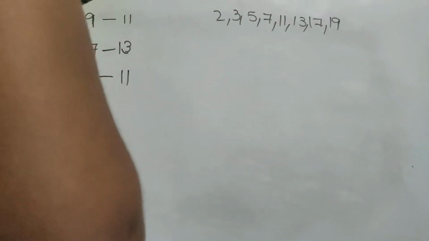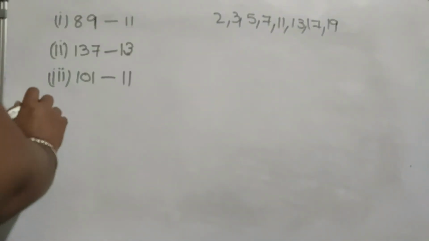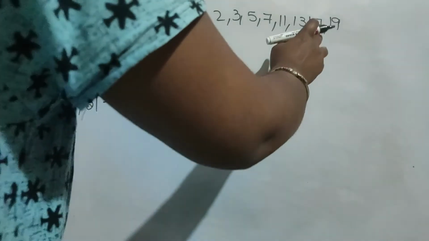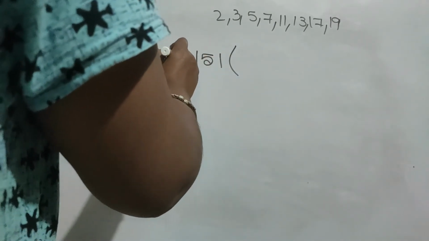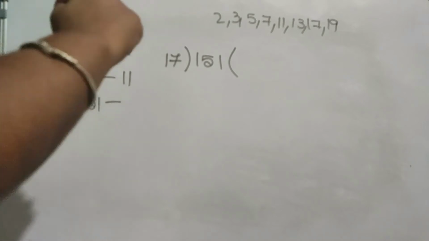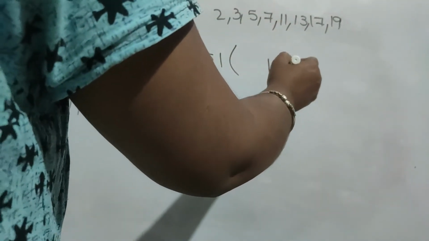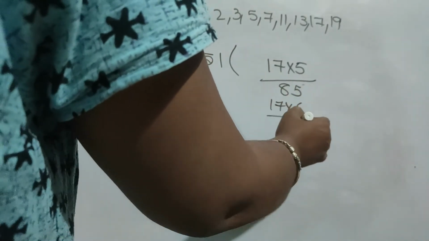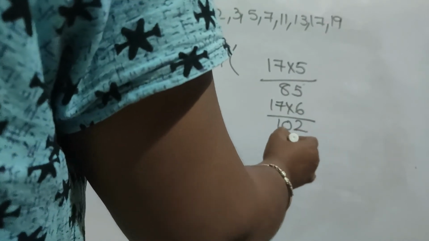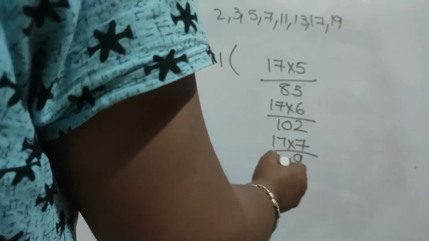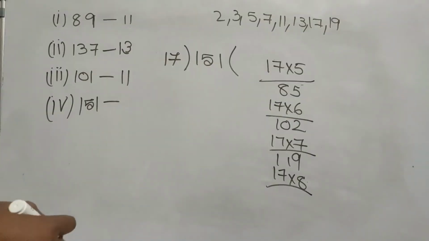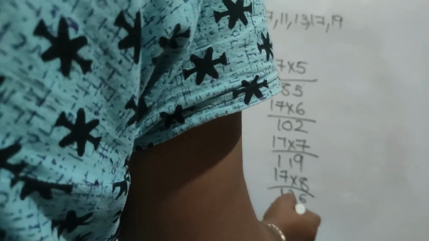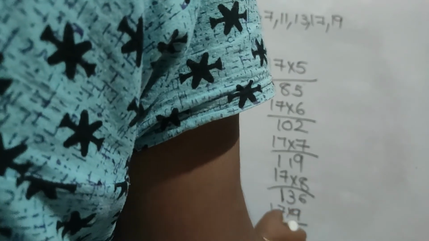Next one, 151. What is the number? We'll take 17 and see. 17 times 5 is 85, 17 times 6 is 102, 17 times 7 is 119, 17 times 8 is 136, 17 times 9 is 153.